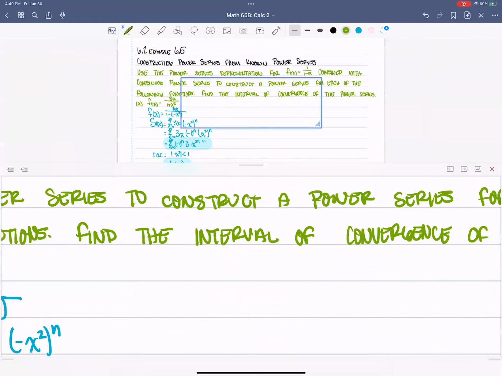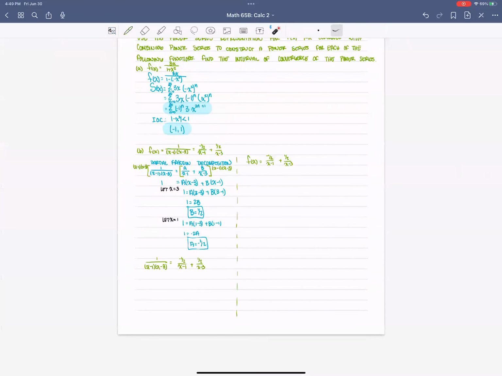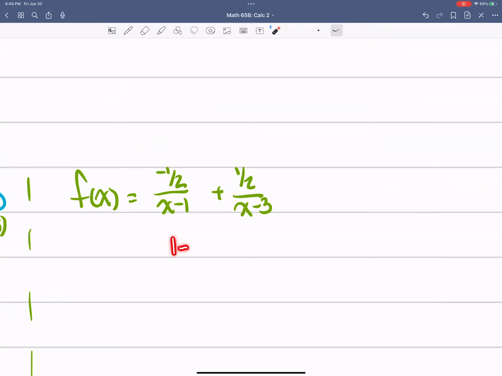Now let's look at f of x is equal to negative 1 over 2, x minus 1, plus 1 over 2, x minus 3. All right, in order for it to be a geometric series, we need the denominator to be 1 minus some value over here. So let's fix that. We can take the negative up to the numerator.